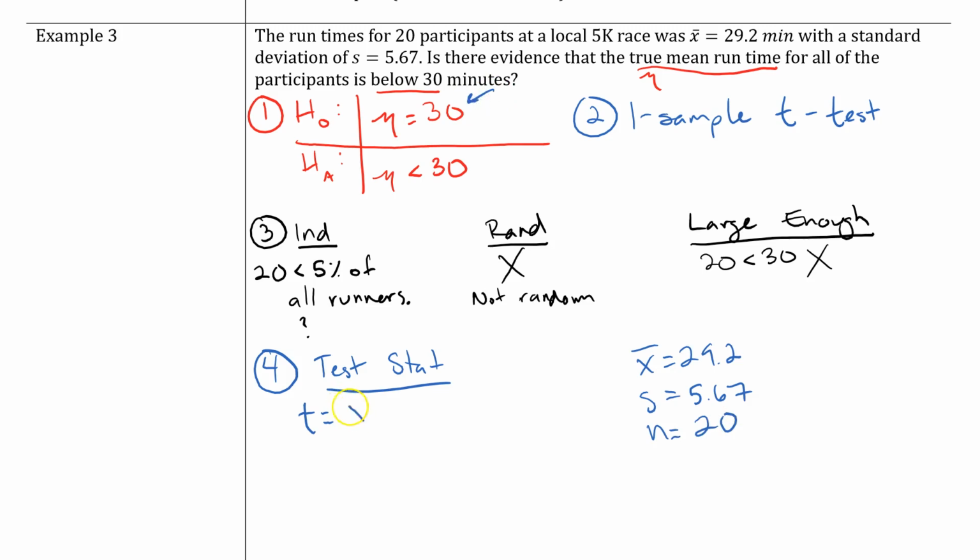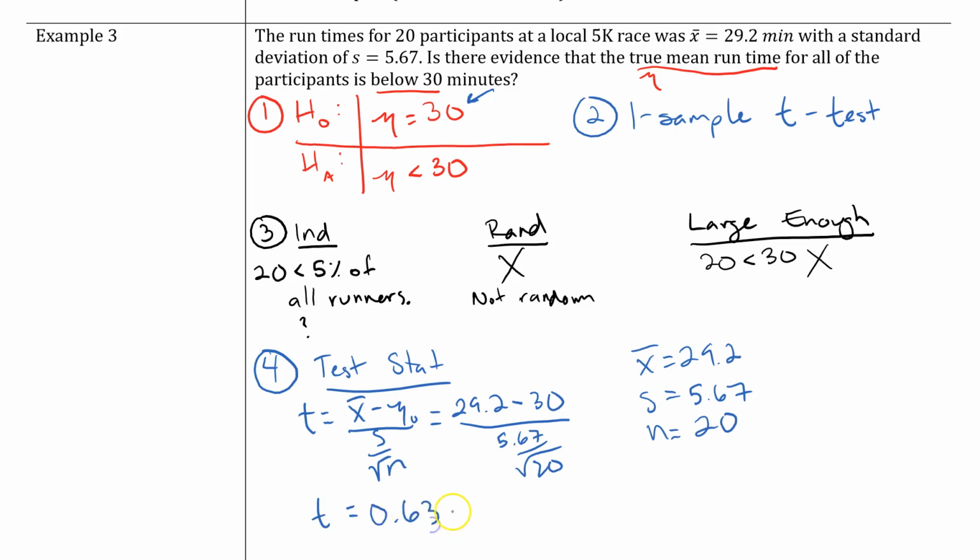So if we're doing our formula, this would just be 29.2 minus our mean from our null hypothesis divided by S over the square root of N. And just typing this into our calculator gives us 0.631, and that's negative. So we are about 0.631 below the 30 minutes.